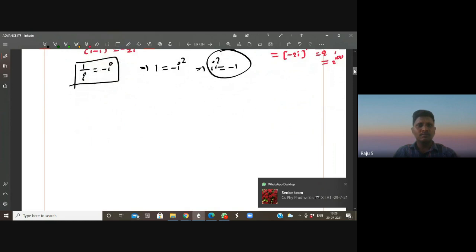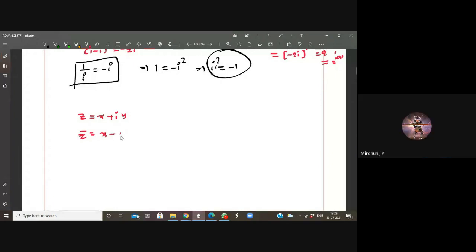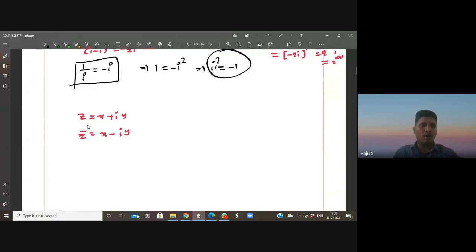Clear? The next step. Let us see the properties of the conjugate of a complex number. For example, Z is a given complex number x plus iota y. What is Z conjugate? x minus iota y. The conjugate of Z is denoted by Z bar.